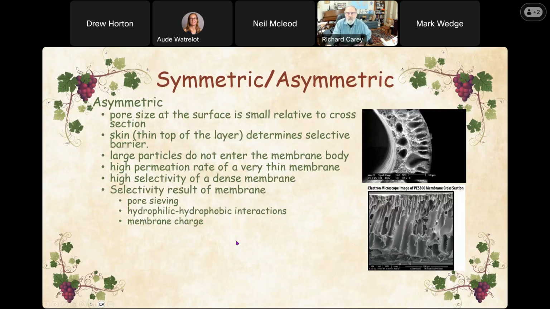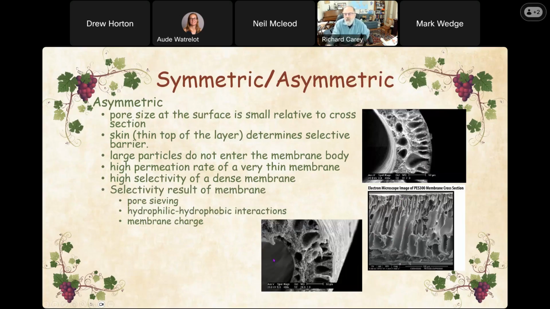We don't have time to go into some of those details here. And this is another micrograph of that kind of a membrane. So these skins are 1/10 to 2/10 microns, and you get a 200 to 500 micron body that is in here to give you structural strength.